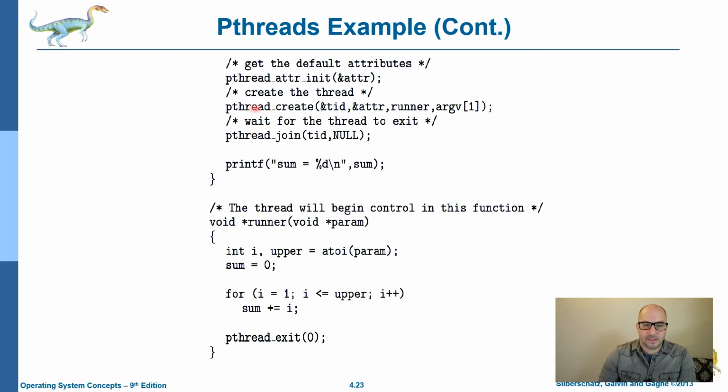So that's the important piece, that we've created a thread and we've given it a starting point. That starting point will give us a stack that's empty, except for the push of the parameter to the initial call, a program counter that sets the starting location to runner, and then the rest of the registers will be initialized to some value so that this code can begin running in its own thread of execution.